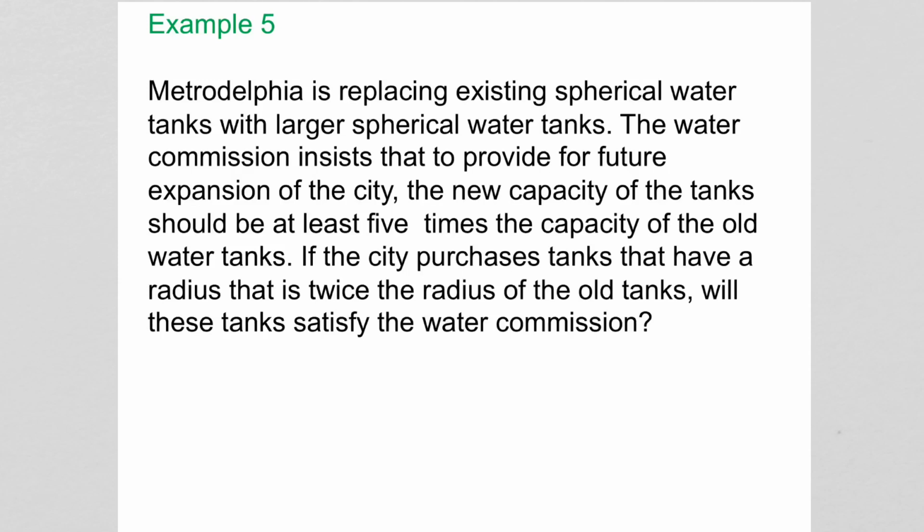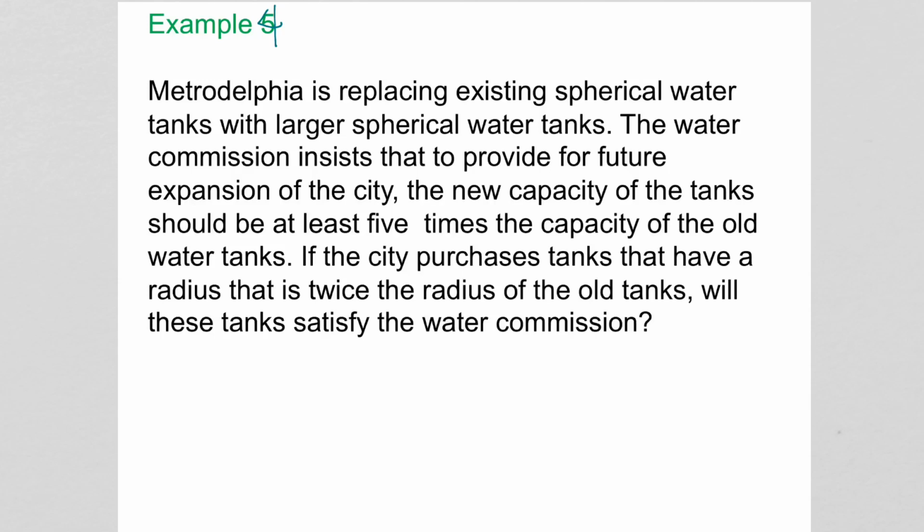The Water Commission insists that to provide for future expansion of the city, the new capacity of the tanks should be at least 5 times the capacity of the old water tanks. This is actually example 4. If the city purchases tanks that have a radius that is twice the radius of the old tanks, will these tanks satisfy the Water Commission?